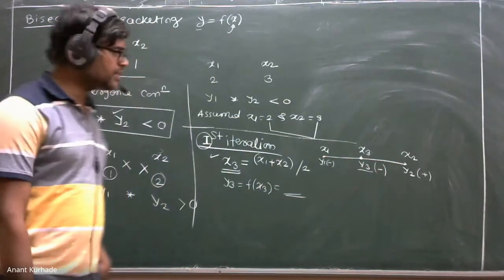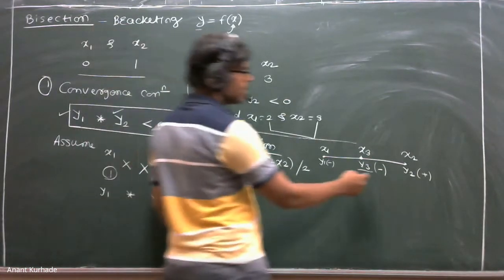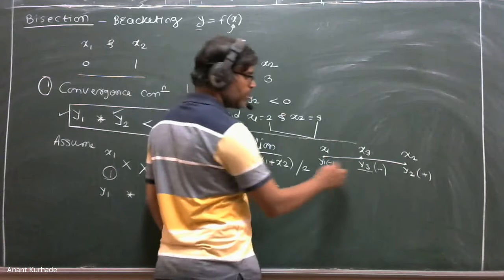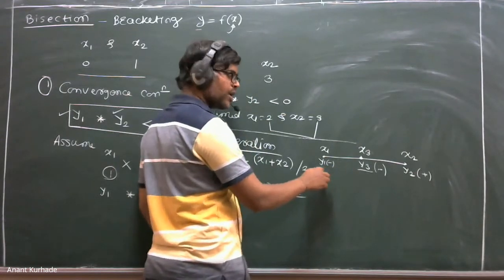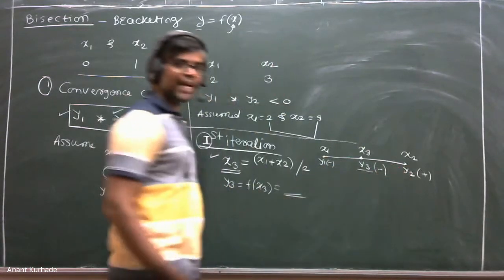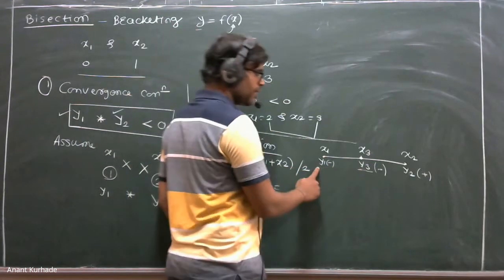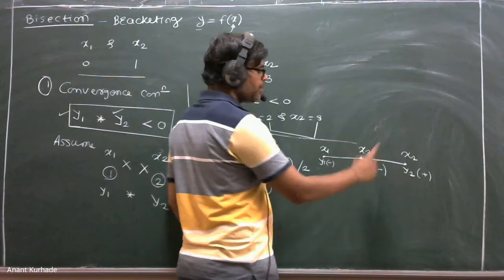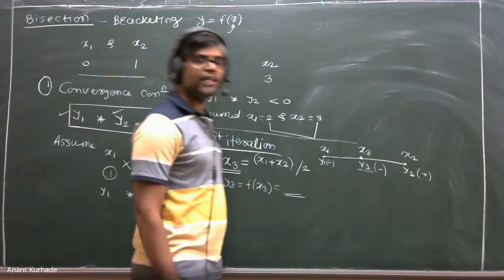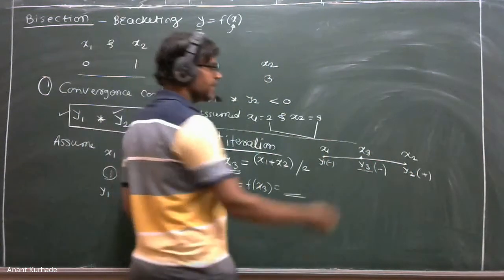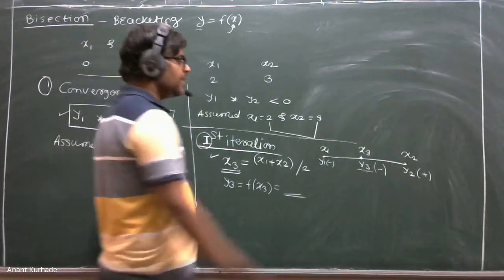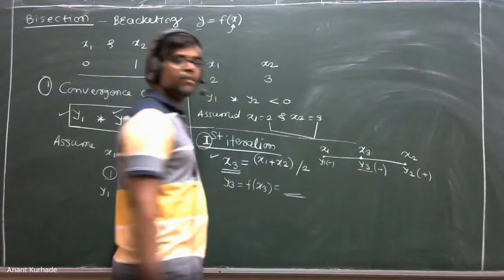Actually, it is very simple. y3 is minus. Now we have to check the sign of y3 with y1 or y2, so that the product y3 y1 or the product y3 y2 satisfies the convergence condition. In this case the y3 y1 product is plus, and the y3 y2 product is minus.